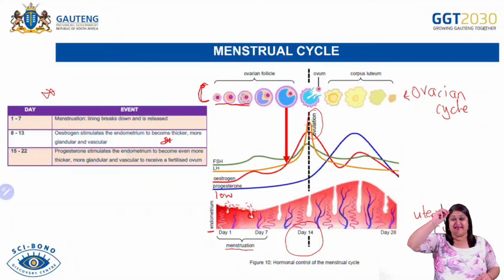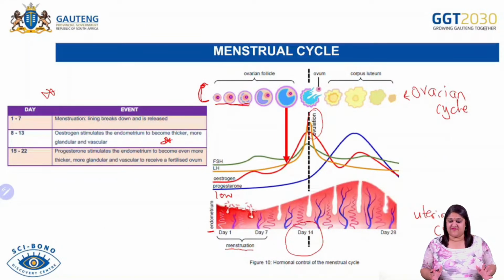We call it a peak. The LH is going to peak at day 14, and that peak in LH is going to cause ovulation to occur, which is the release of the ovum from the ovary. Okay, that's going to be happening at day 14. That's like a major event.